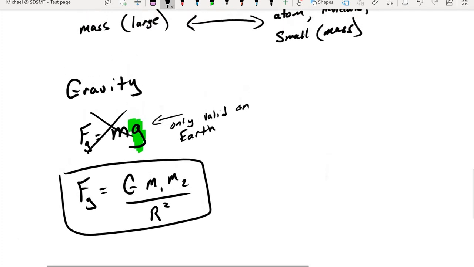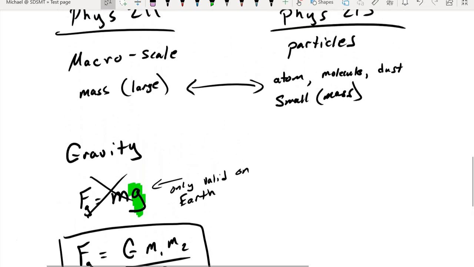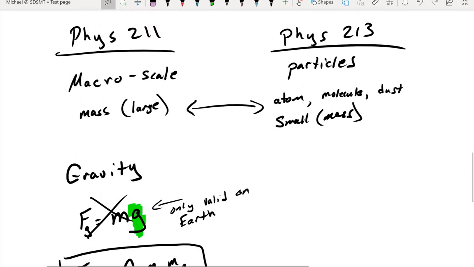But now consider that you have an incredibly small mass, like an atom, or it could be something even smaller than an atom. We have elementary particles like electrons. We have composite materials like protons and neutrons.